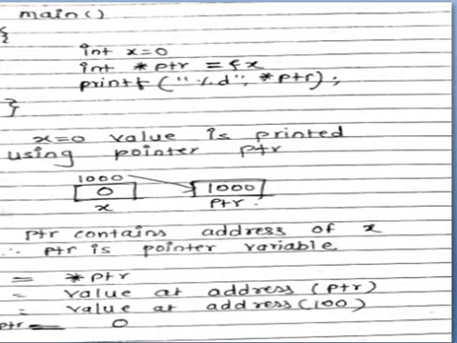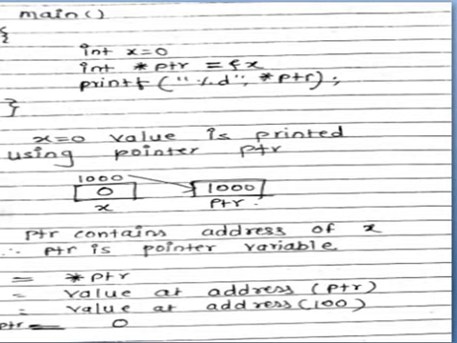How? See, in the memory location having name x contains value 0 along with its address 1000. ptr is a pointer variable which contains the address of x, that is 1000. So the value of ptr is 1000.